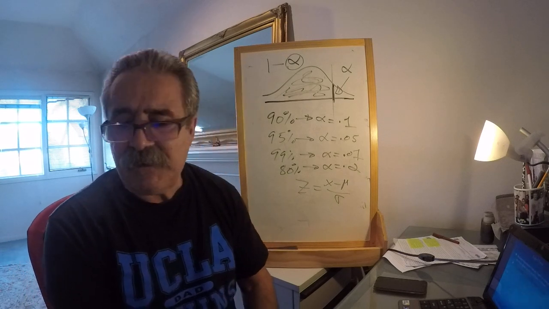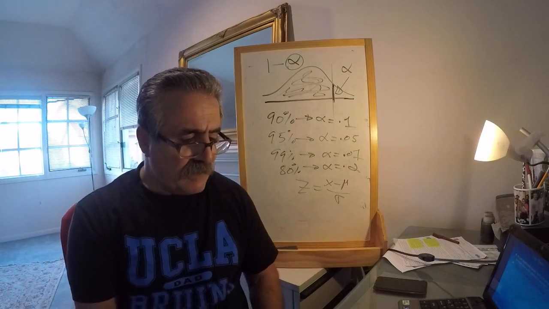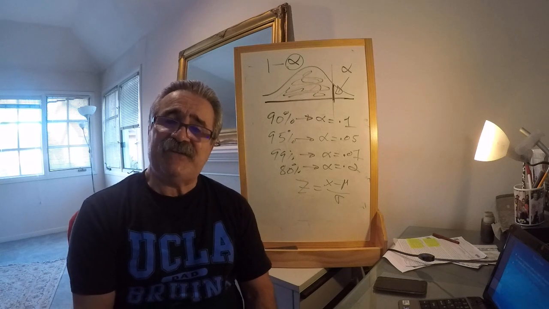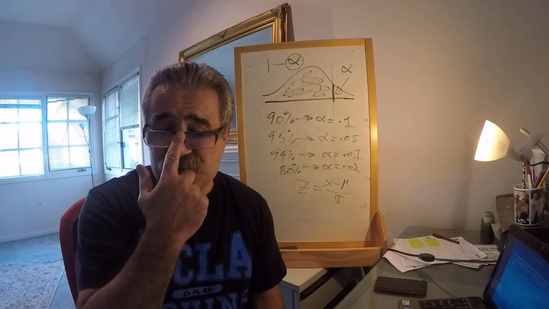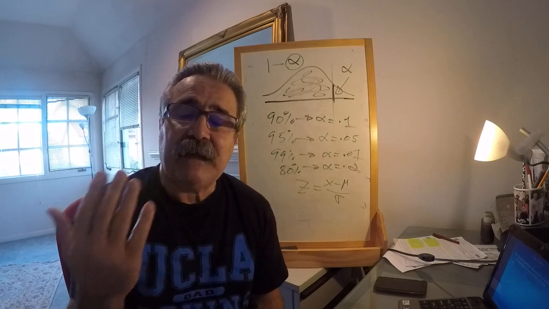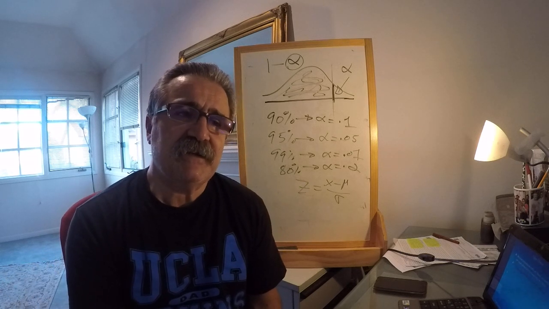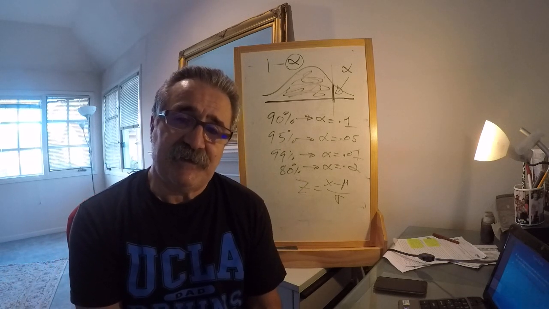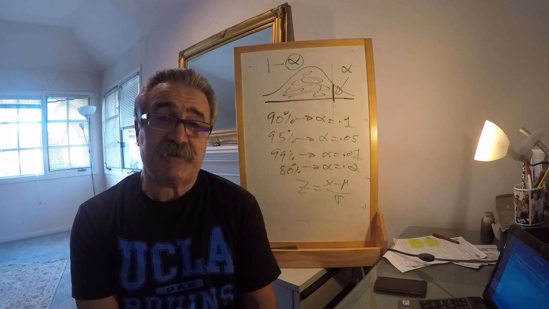Type 1 is when we reject the H0, but it is true. And type 2 error is when we accept H0 or null hypothesis, but it is false.